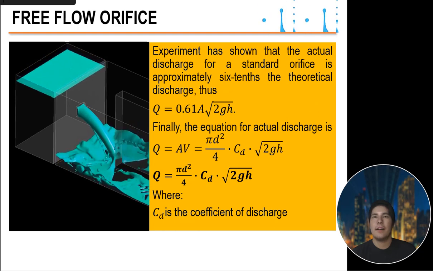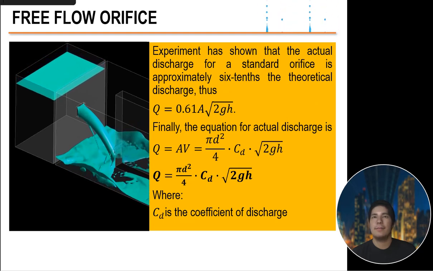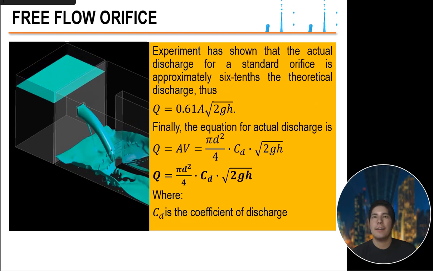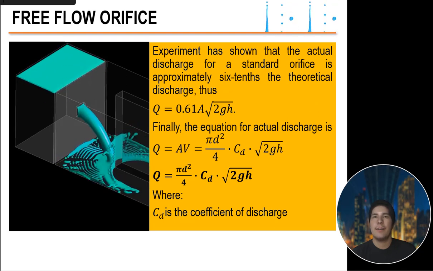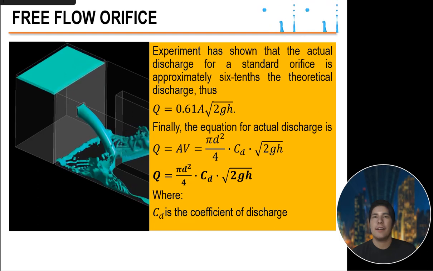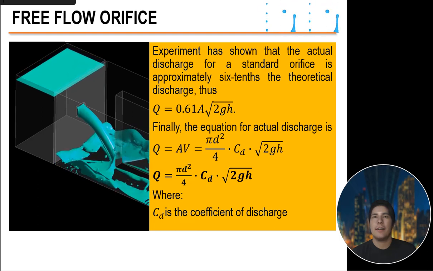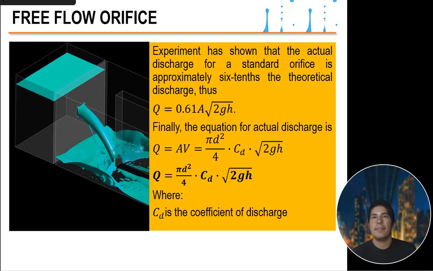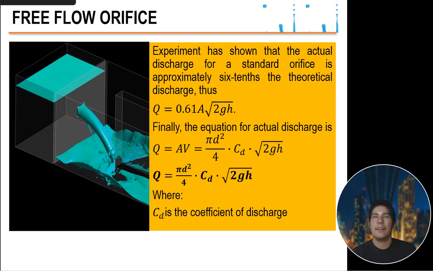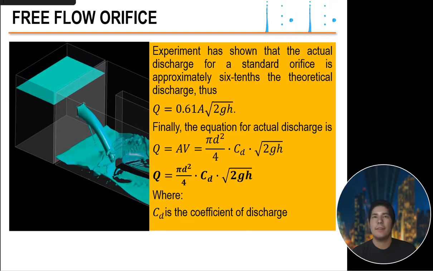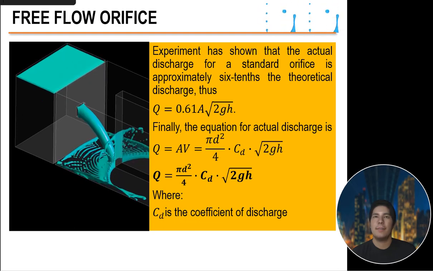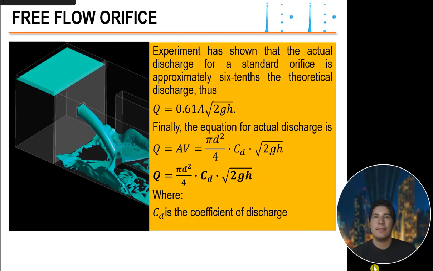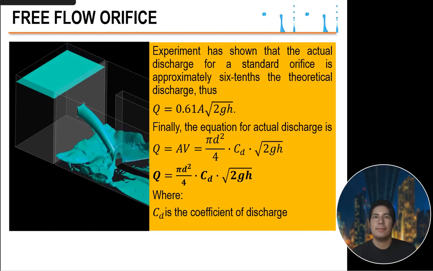Finally, the equation of the actual discharge is Q equals area times velocity, where area is pi d squared divided by 4 times velocity, which is coefficient of discharge times the theoretical velocity, which is square root of 2gh. So thus, our Q is just pi d squared divided by 4 multiplied by the coefficient of discharge, CD, multiplied by square root of 2gh, which is the theoretical velocity.